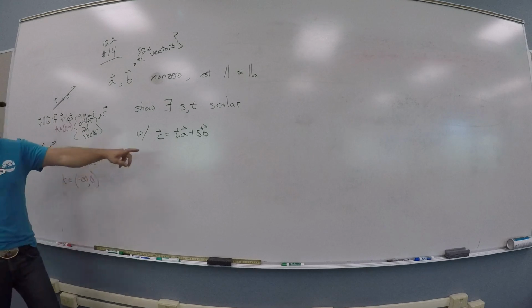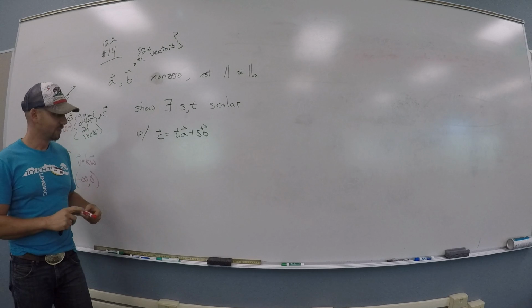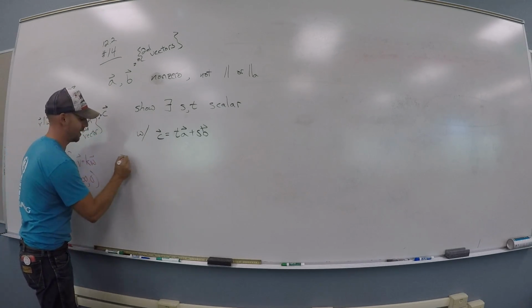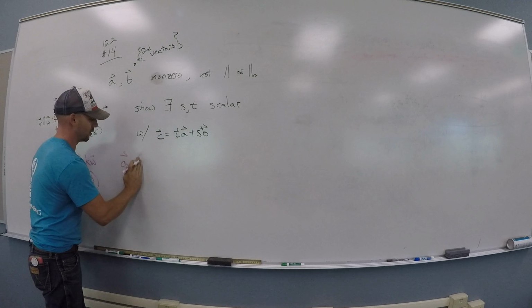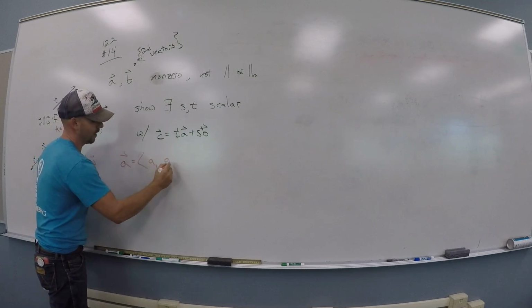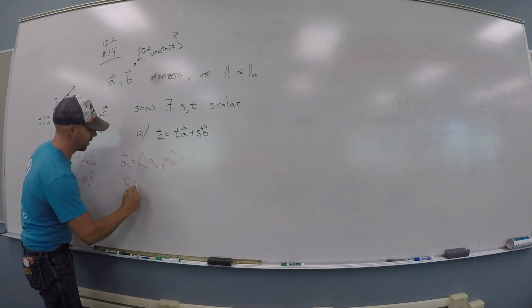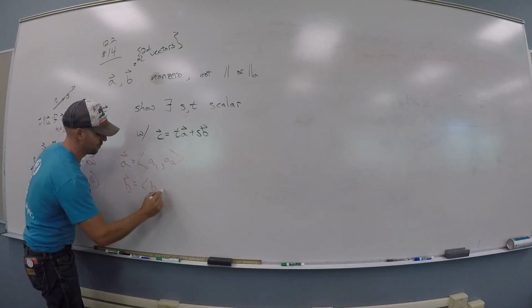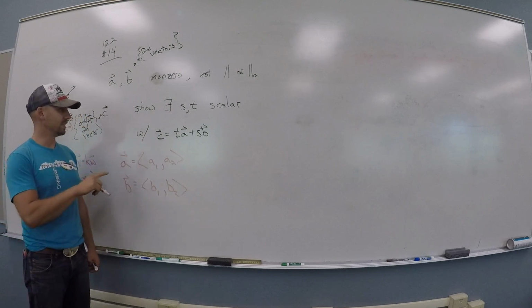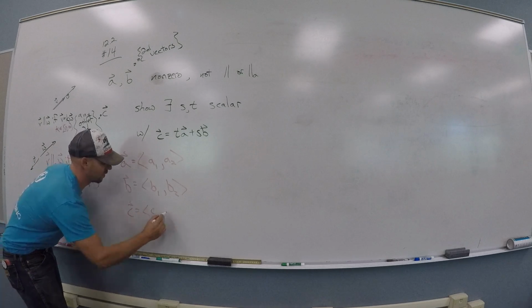Okay, so to show this, I think what you want to think to yourself is, what if I had a couple vectors? I'm going to assume vector A is A1, A2, and B is going to be a vector B1, B2. And C is going to be some vector C1, comma C2.